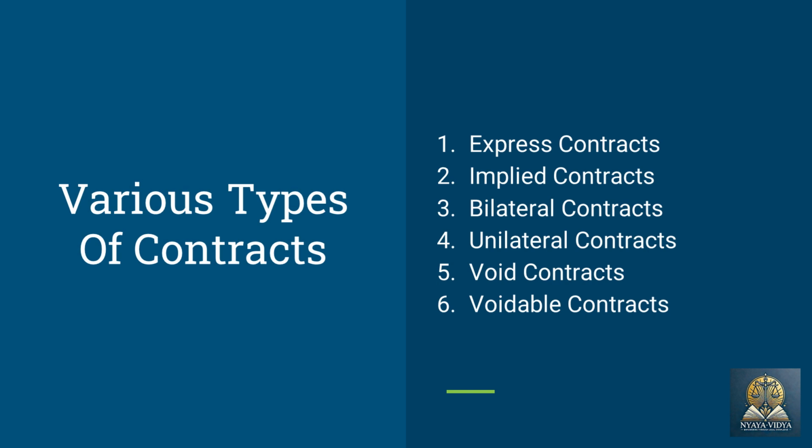For example, when a patient visits a doctor, there is an implied contract to pay for medical services rendered. There is no actual written or oral statement, but whenever a patient visits a doctor, there is an implied contract. Next, bilateral contracts. I'll try to give you an example.